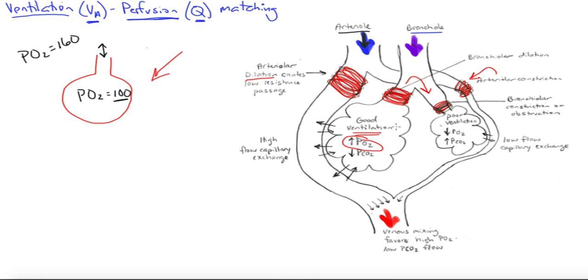And vice versa on the other side here. Where we have good ventilation, we would want the arteriole to be open and give us matching good perfusion. Okay, that's local control of airflow and blood flow, and we'll do another video on neural control of breathing.